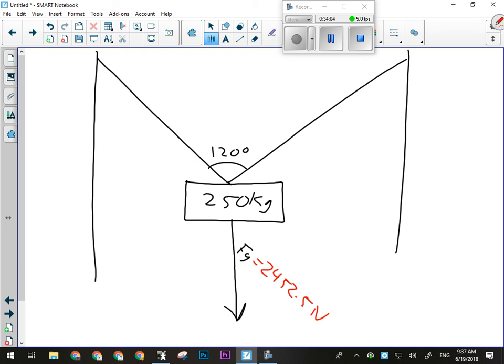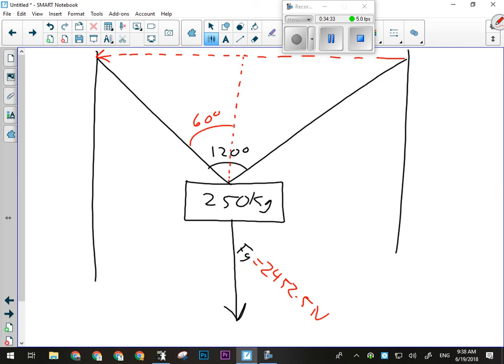Now, there's 2 cables, but they're pulling at an angle. If they're pulling at an angle, that means they each have a horizontal and a vertical component. Agreed? So essentially they each have a triangle that looks like this. This angle in here would then be 60 degrees for each one of them. This side is the horizontal force that's pulling against the other cable's horizontal force, and it balances out to 0.